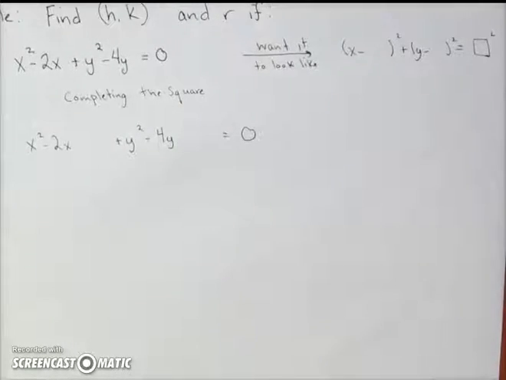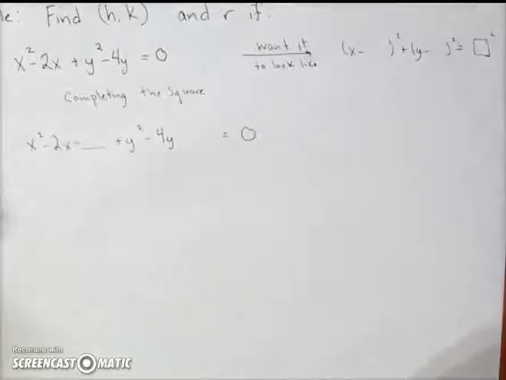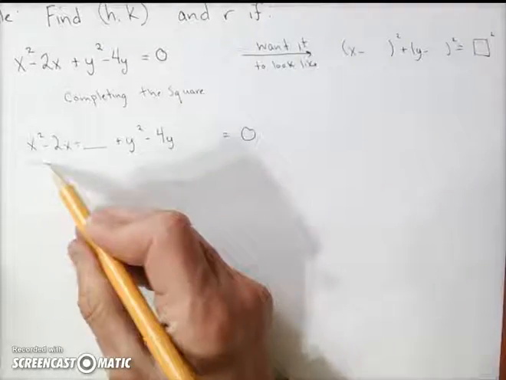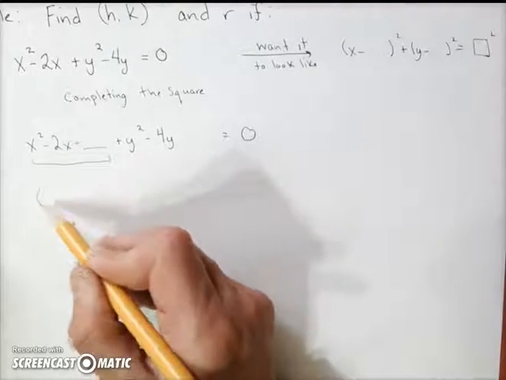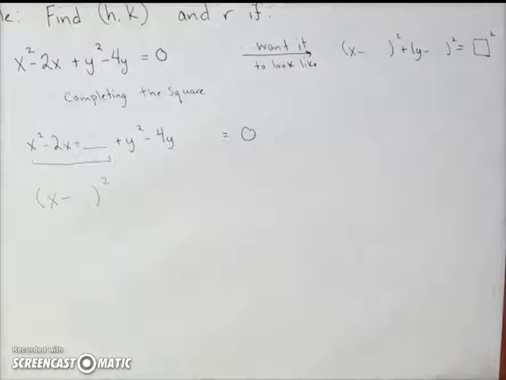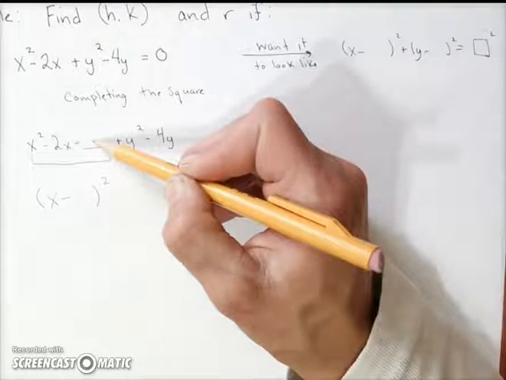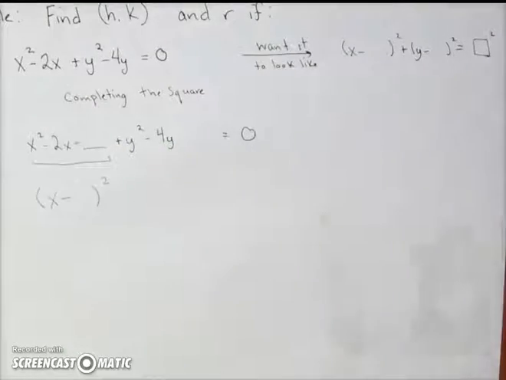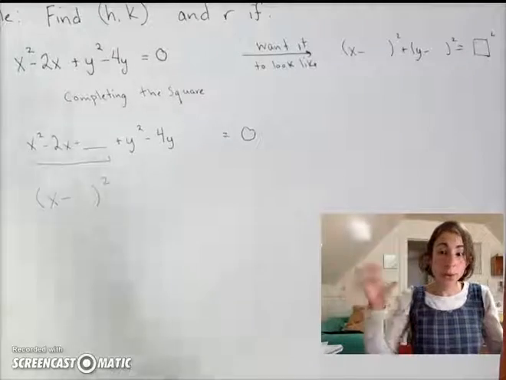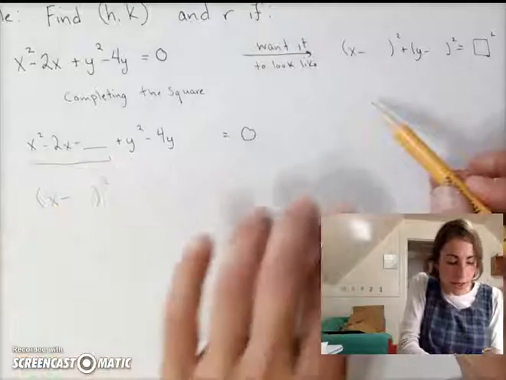The goal of completing the square is this. I want to add something to this expression so that I can factor these three terms as x minus something squared. So the trick is figuring out what I need to add here. We'll do that in just a moment. But you might be thinking that I'm totally crazy because I can't just add something to one side of the equation.